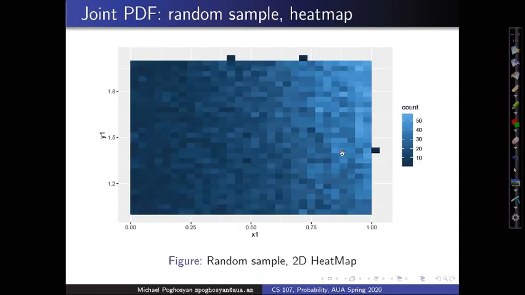Okay, so another kind of visualization is called a heat map. We are doing, in some sense, a histogram, but not in three-dimensional space, rather in a two-dimensional space. If the number of points is high, we draw with light blue.